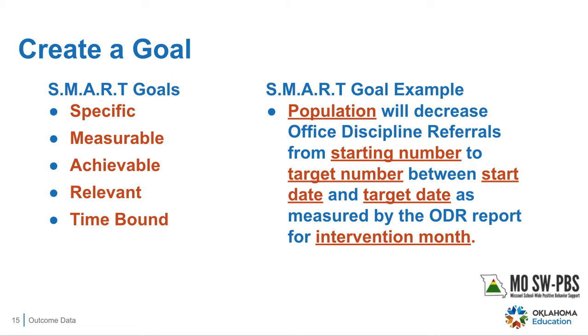The SMART goal may be that all grades will decrease major ODRs from 32 to 25 between November 1st and December 1st as measured by the ODR report for December.